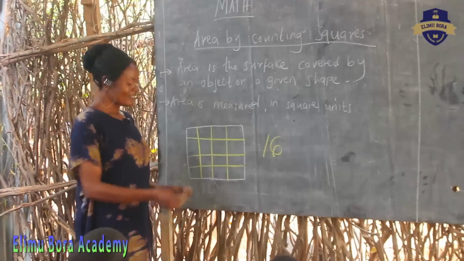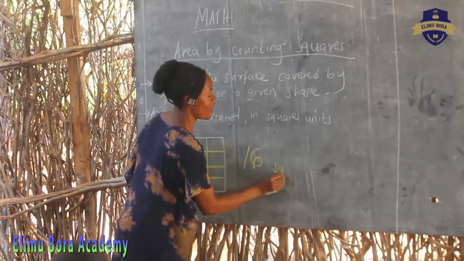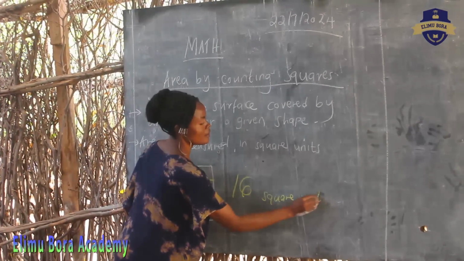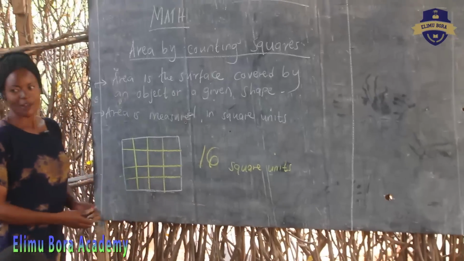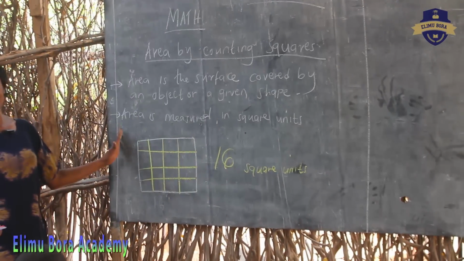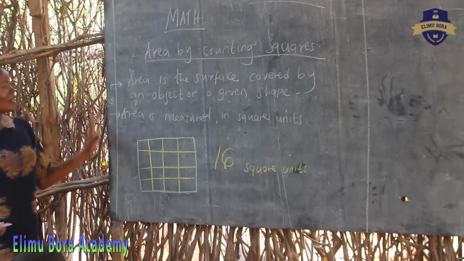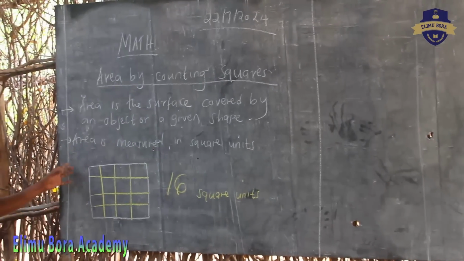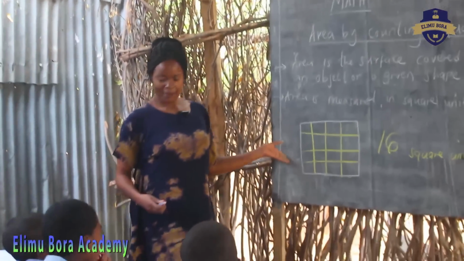So, you write 16 square units. We are simply looking for the area of smaller squares by counting the squares.